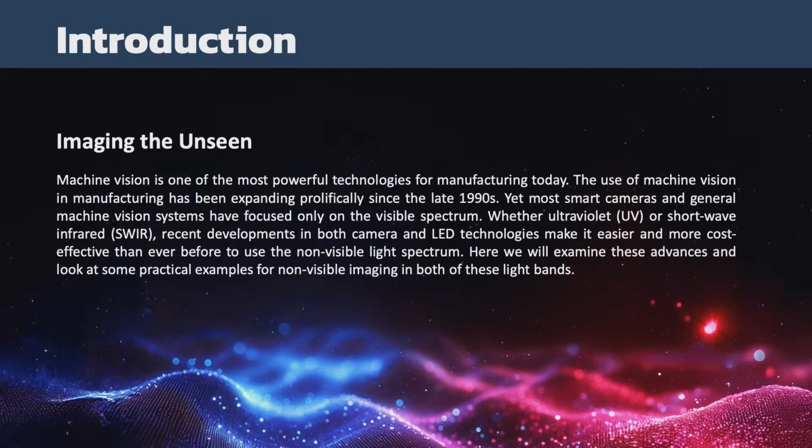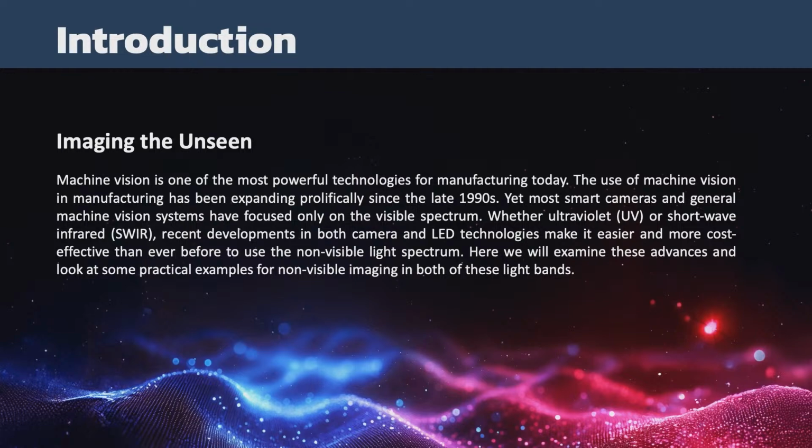But developments in UV and shortwave infrared components in both cameras and lighting have dropped the cost of imaging in the non-visible spectrum and also made components that are much more readily available.